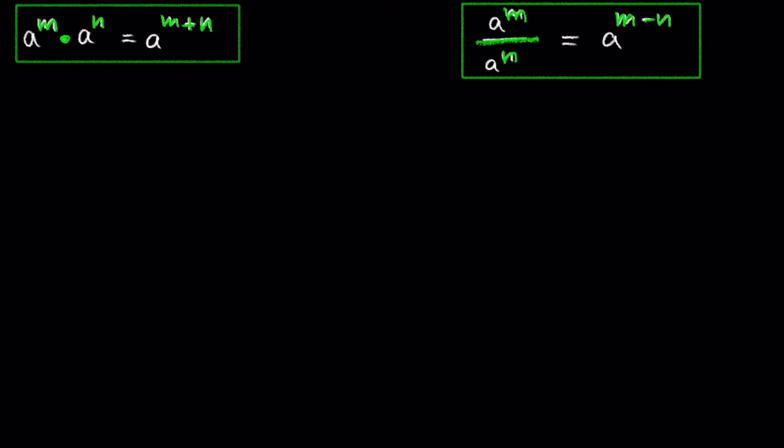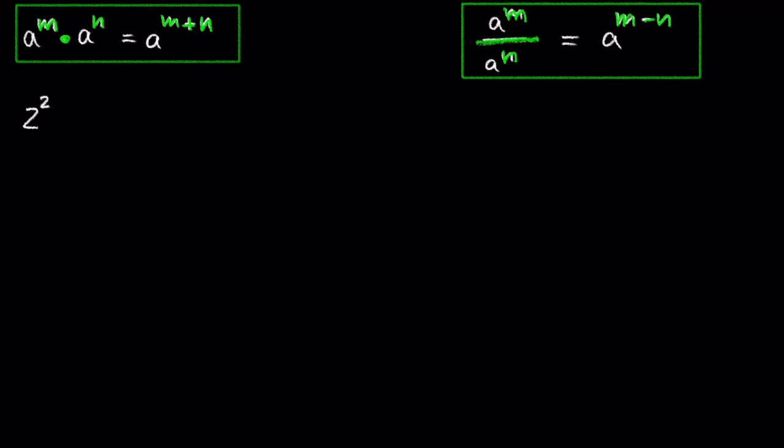Be careful, these last two rules for multiplication and division only work when the bases are the same. They do not work when the bases are different. Let's do an example for each of these laws.